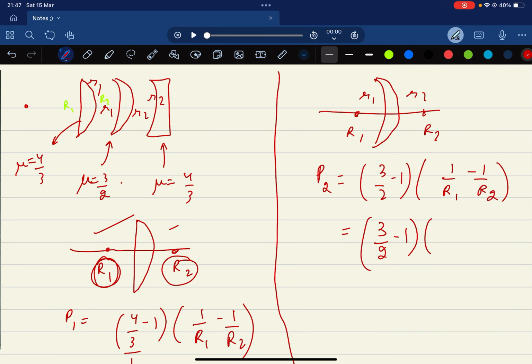This sphere is towards this side and this sphere is also towards this side, so both of their radii are leftwards. So for r1 we will put minus 1 by r1, and for r2 we will put minus 1 by r2, so it will be 1 by 2 times minus 1 by r1 plus 1 by r2.